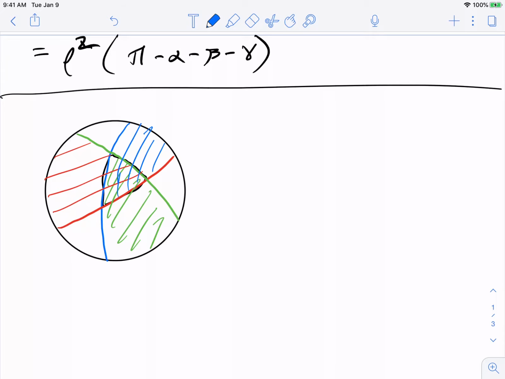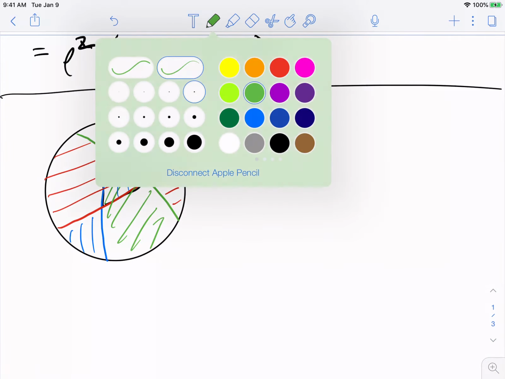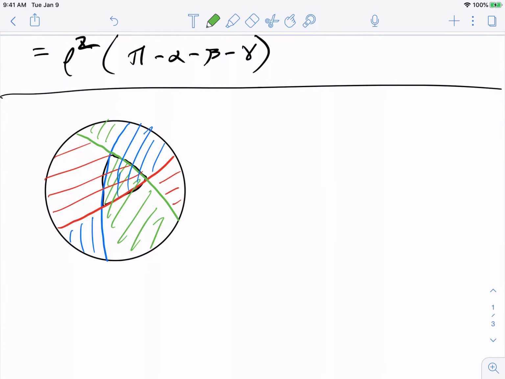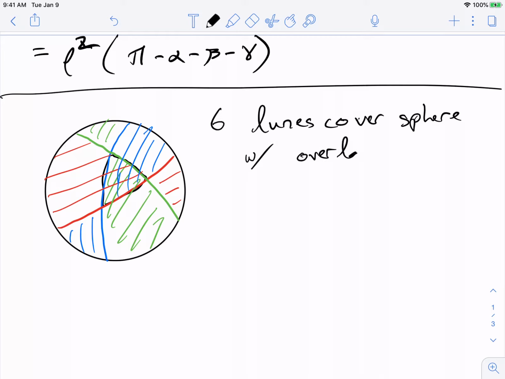And then we could take sort of the opposite lunes as well. So we could look at this one, this one, this one. Those 6 lunes together cover the entire sphere, with overlap.